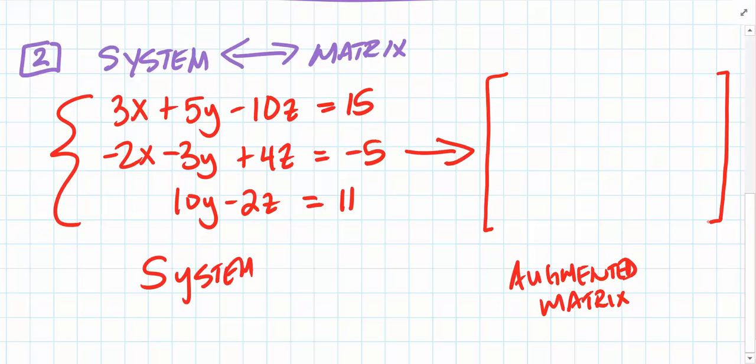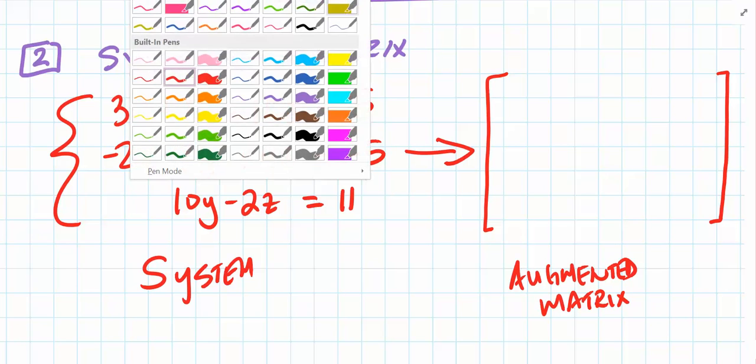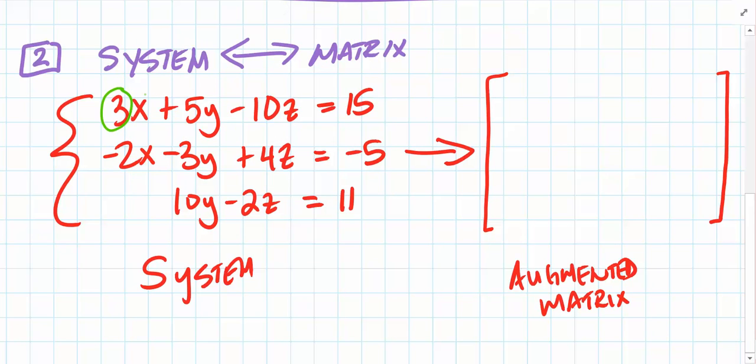So it's customary for the notation for matrices to use big giant brackets that face inwards, okay? And just like in the system, we have a bunch of coefficients, and the coefficients are these numbers on the outside of our variables, and then we have some constants on the right hand side. So we have some separation between constants and coefficients. That's how we create the matrix.